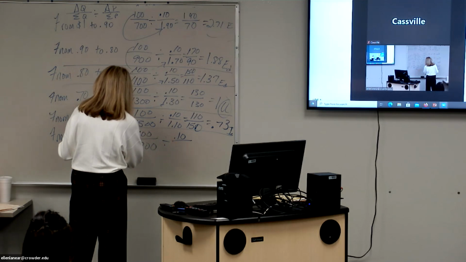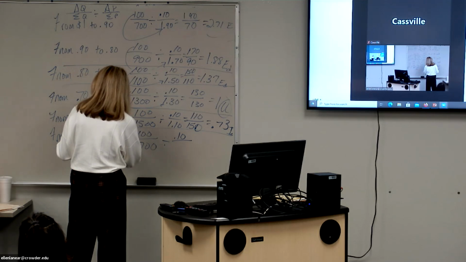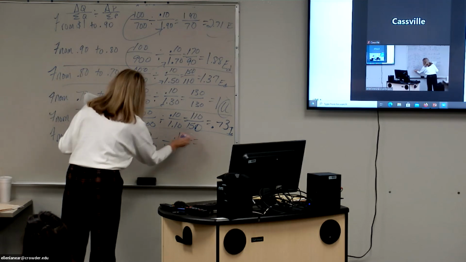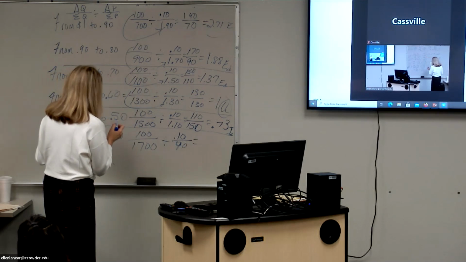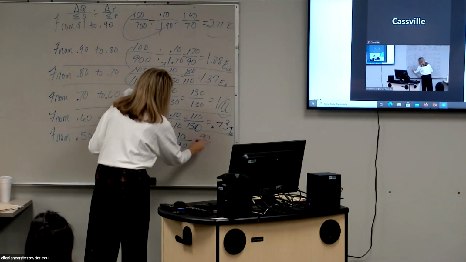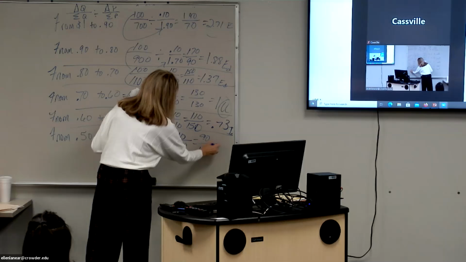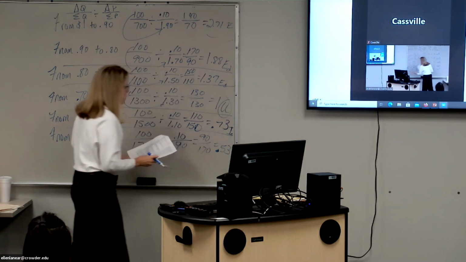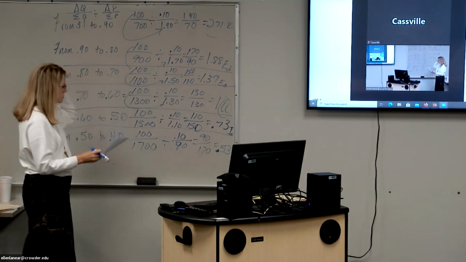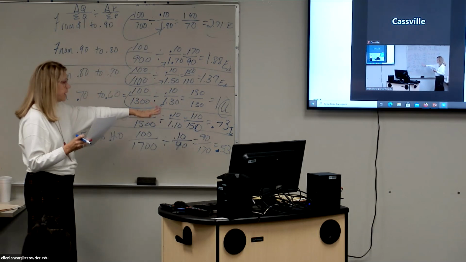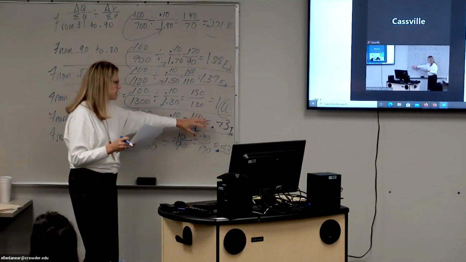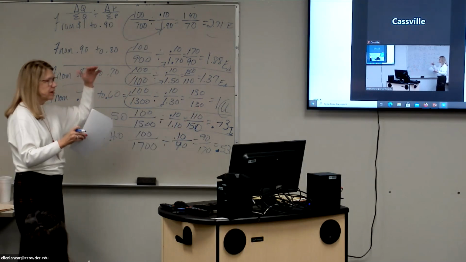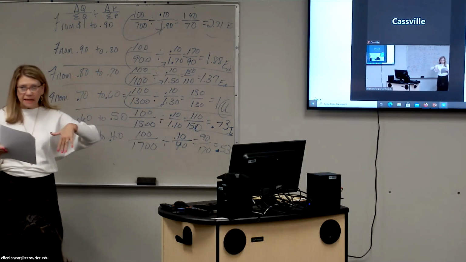So do 90 divided by 170, which is 0.53. That would be more inelastic than this one. 0.73 is inelastic, and 0.53 is more inelastic, because the further you get below 1, the more inelastic.